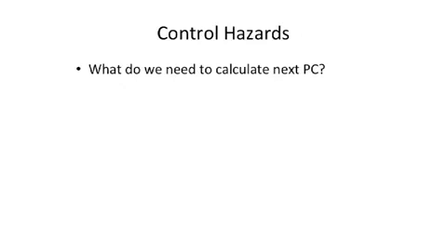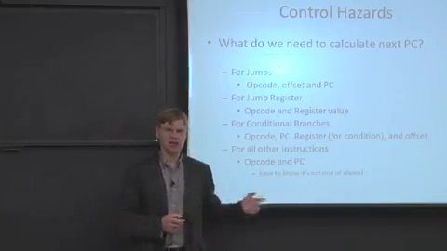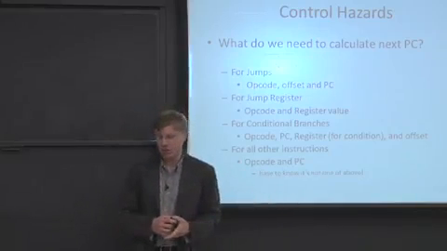Then you can take the program counter, add it to the offset, and you probably need to do that either in the ALU or with a special adder. In the pipelines we've drawn so far on our 5-stage pipe, we had a special adder just for that. You do that offset calculation, and then you vector your machine so that the next instruction you execute is at the target of the jump.